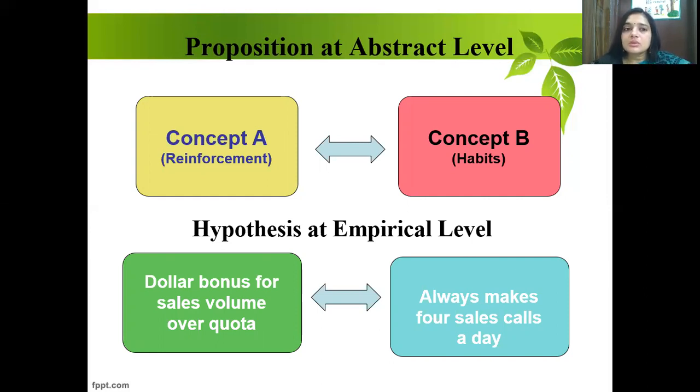When I talk about statements, general propositions at the abstract level, I generally talk about simple things. I talk about the theory, like we generally talk about in our daily life. If you start doing it one day, it will not be hard for you to do this, right? The same way, when it comes to the empirical level, we say that if you want to improve this, you have to do this.